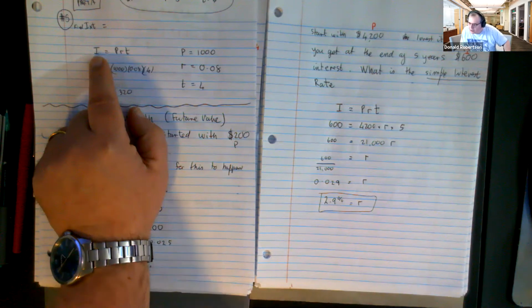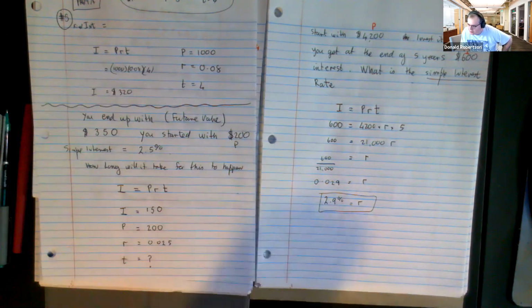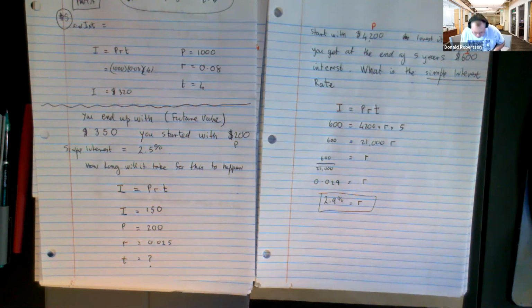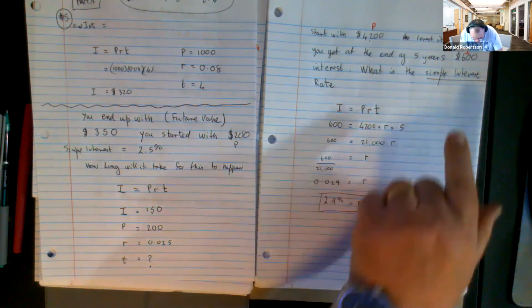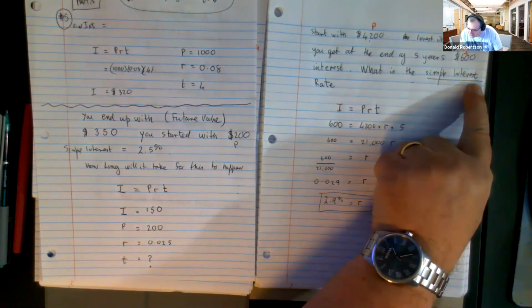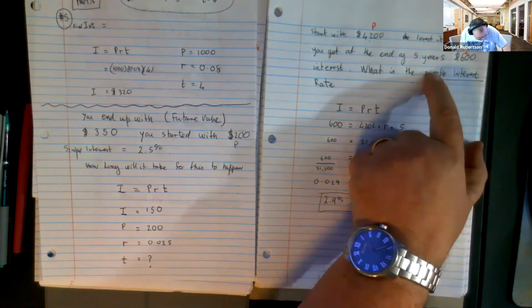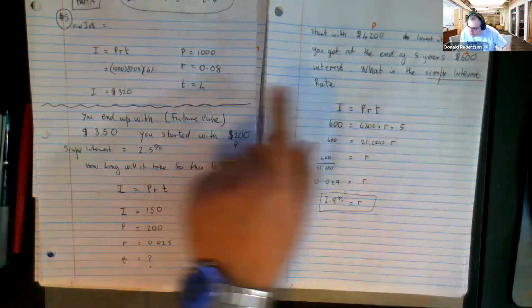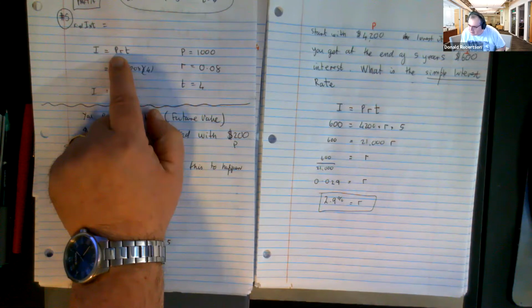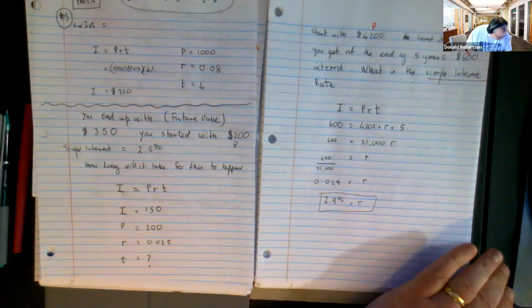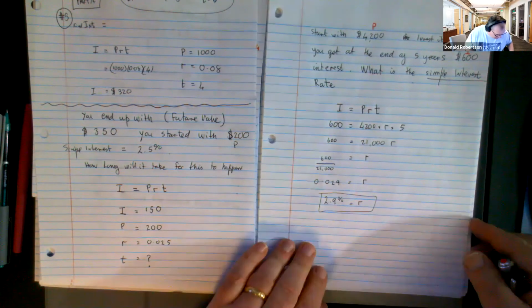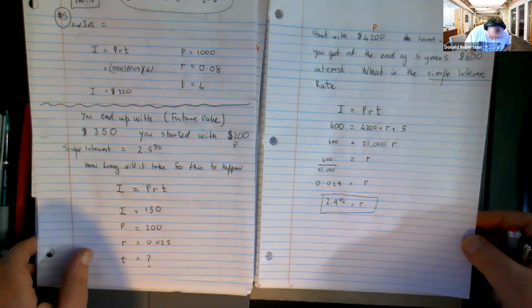As long as they tell me 3 out of the 4, can I always find the 4th thing, the missing one? And so you just have to read the story and look out for simple interest. Because the minute you see that, write that down first and then read the rest of the story, right? Are we cool?